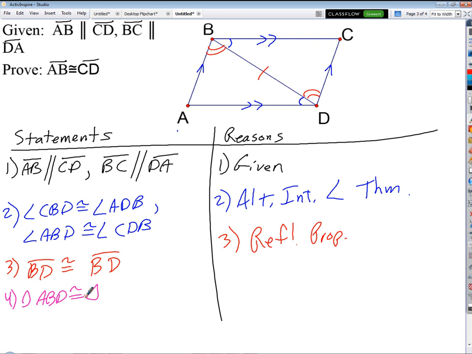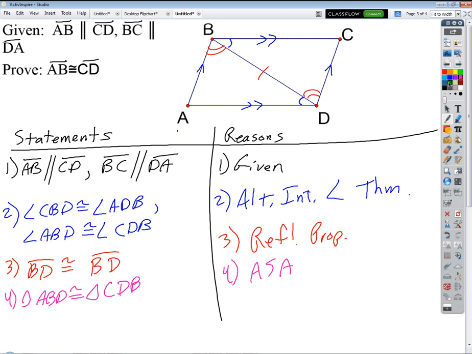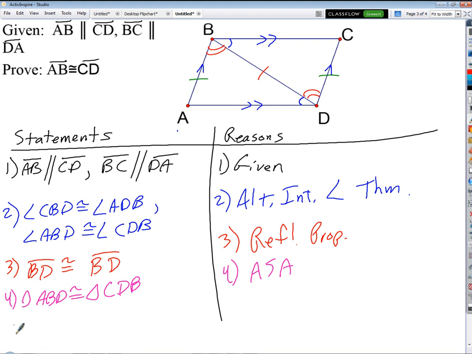ABD would be CDB, right. By ASA, and then finally we got it right. So now we can say that side AB is congruent to side CD by what?